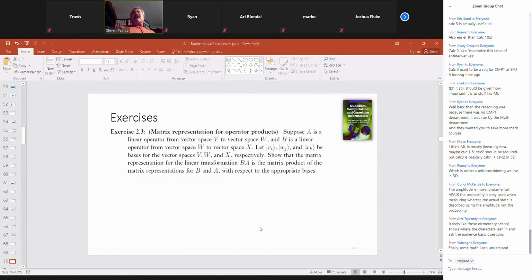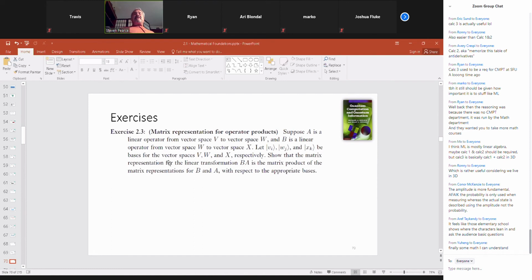Here's another exercise. Suppose A is a linear operator from a vector space V to another vector space W, and B is a linear operator from vector space W to vector space X. And here we have these three kets, and they're all bases for these respective vector spaces.